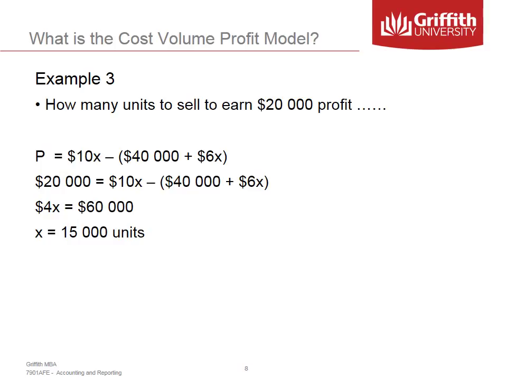And so we put it into the same equation, but instead of profit being $0, now profit is $20,000. So when it goes to the same equation, this time the answer is that X equals 15,000 units to be sold in order to generate a $20,000 profit.